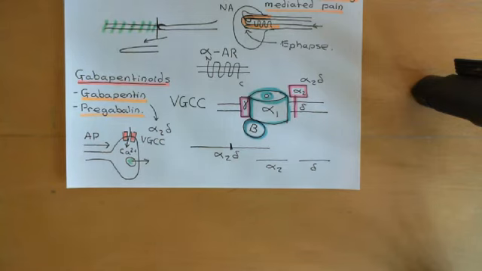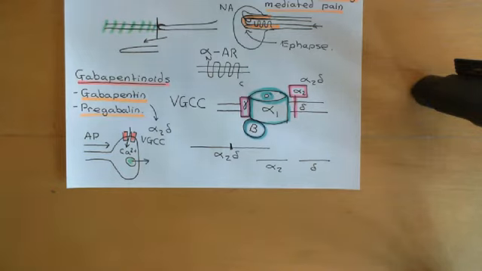Again, that would kill you. Okay, you're going to give it in a dose that's going to lower the number of voltage-gated calcium channels that actually end up in the axon terminal membranes by taking out quite a few alpha-2 delta subunits. Okay, right. So that's gabapentin and pregabalin, the gabapentinoids.